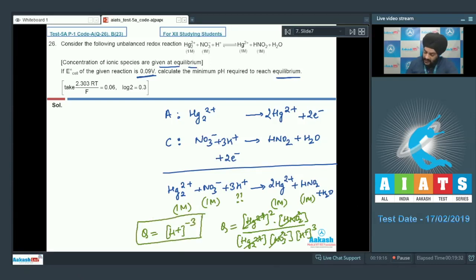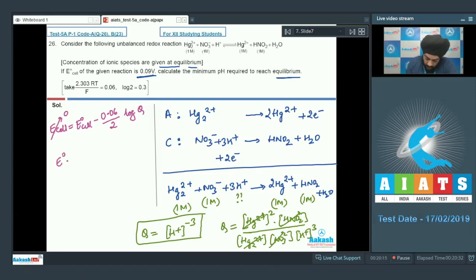Now we can apply the Nernst equation in this question. E cell equals E naught cell minus 0.06 upon 2 into log of Q. It is mentioned that the reaction is at equilibrium, which means the E cell value is equal to 0.